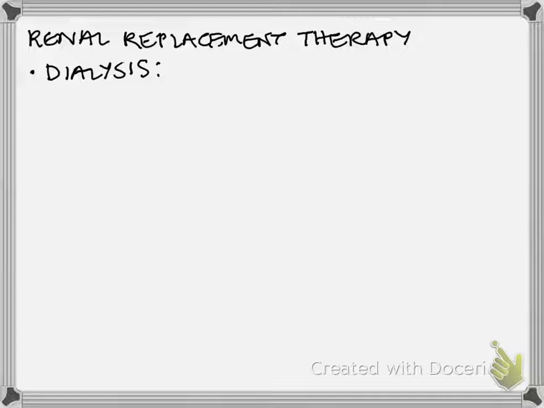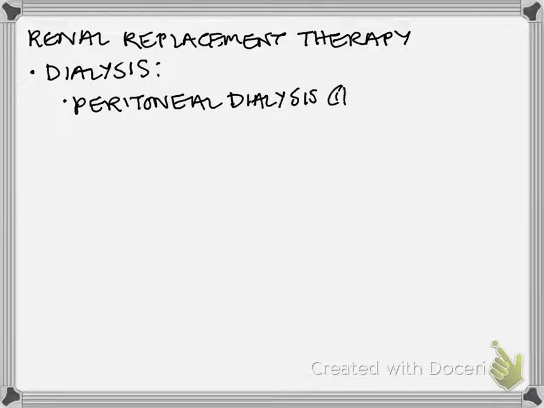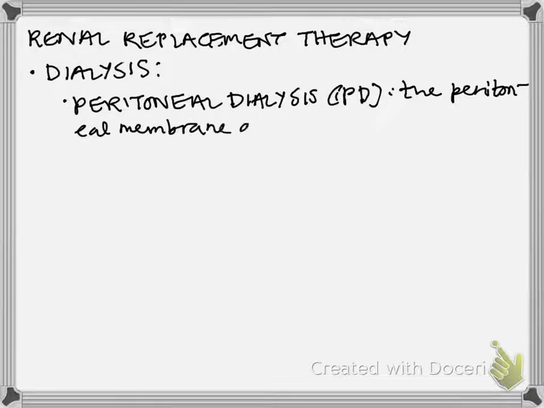And it can treat drug overdoses as well because it's able to diffuse all of those toxic substances out of the blood. So one type of dialysis is peritoneal dialysis, or PD. This is where the peritoneal membrane, or the membrane surrounding the digestive organs, acts as a semi-permeable membrane.